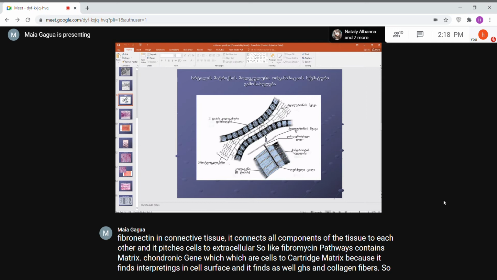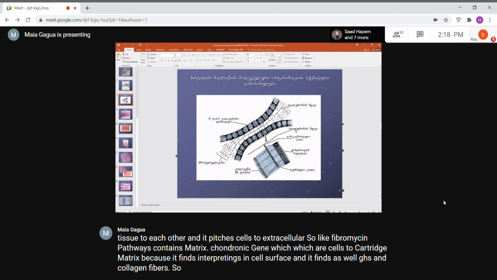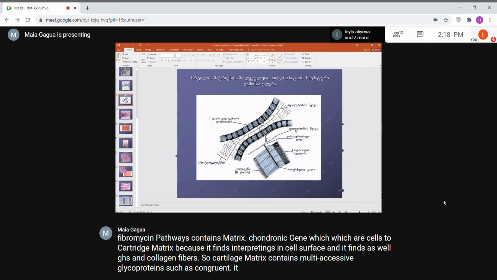So, cartilage matrix contains multi-adhesive glycoproteins such as chondronectin. It contains proteoglycans, mainly aggrecan.